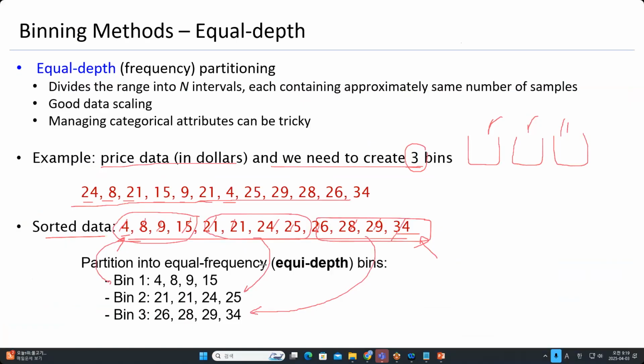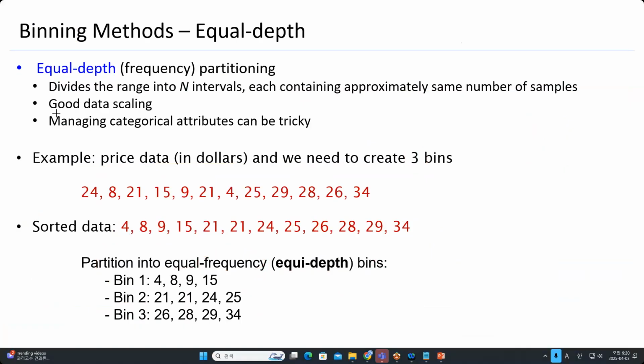Because this is equal frequency, every pin will have the same frequency, the same depth. Equal means same. It is good in the data study, but some categorical attributes can be tricky.